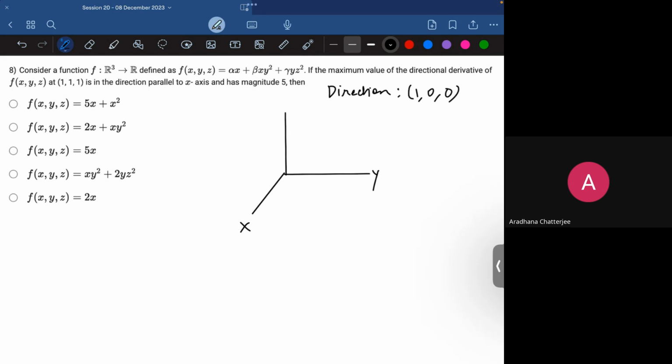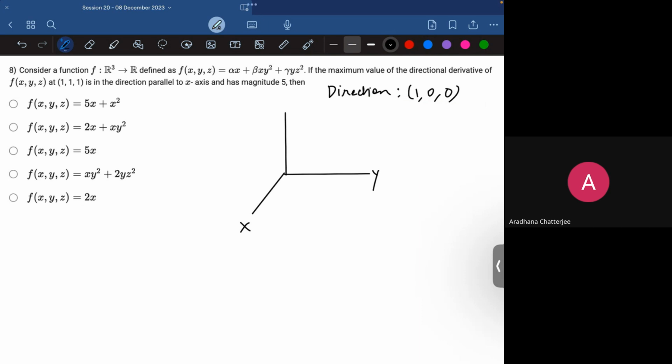Now, they've also said that the magnitude of this direction is 5. Because this is the direction, if the magnitude is 5, what is the magnitude? You have to take the square root of the sum of the squares of each element.